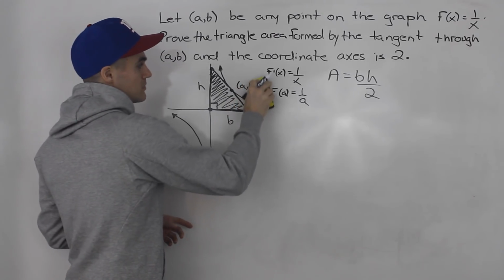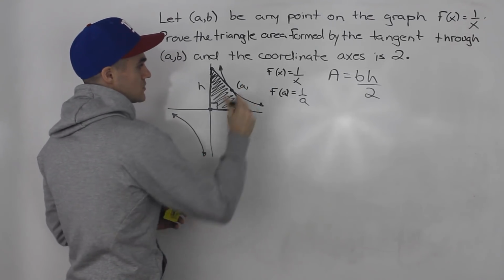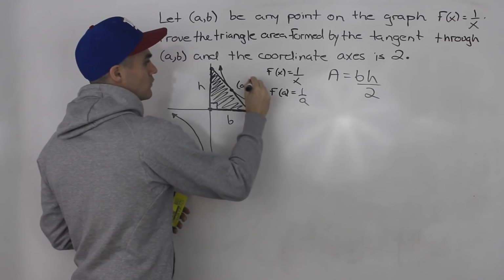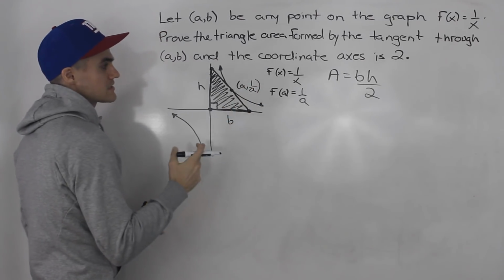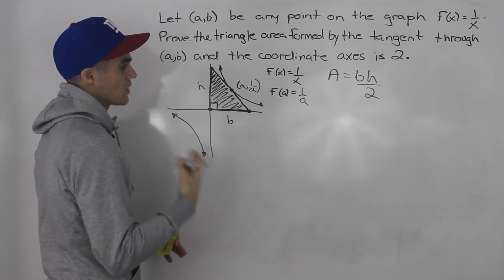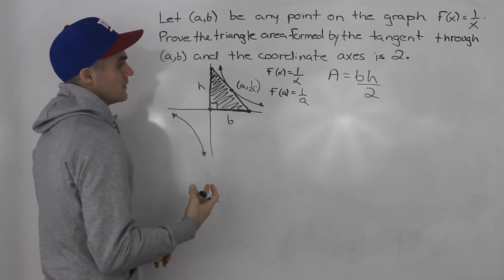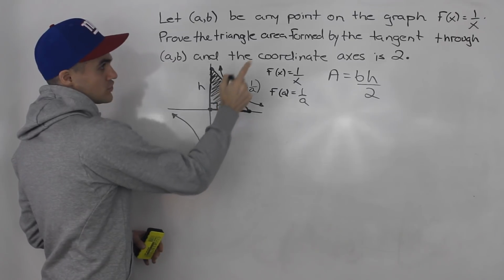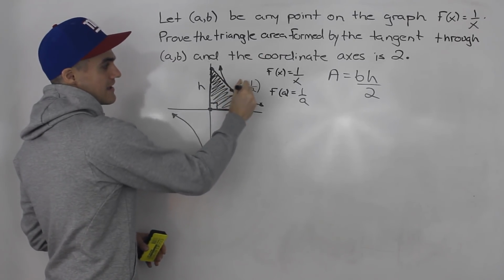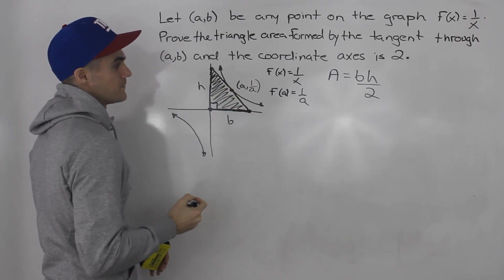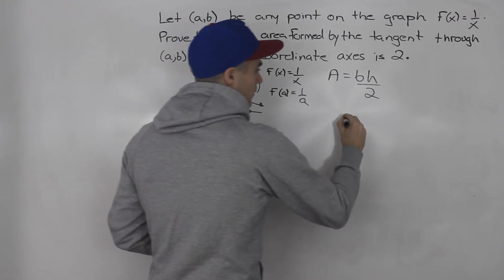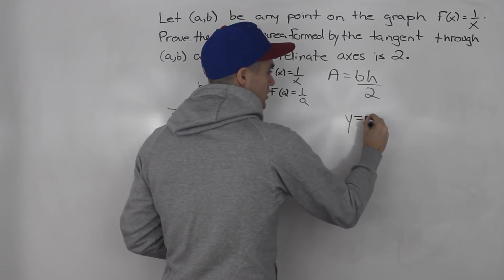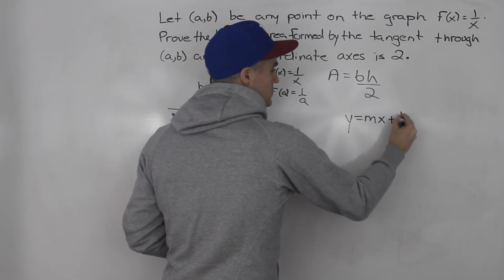So instead of having a b value, I say we just put 1 over a. Whenever you can make stuff in terms of one variable, it's always better, right? So instead of a and b, the point on the function 1 over x is actually a and 1 over a.